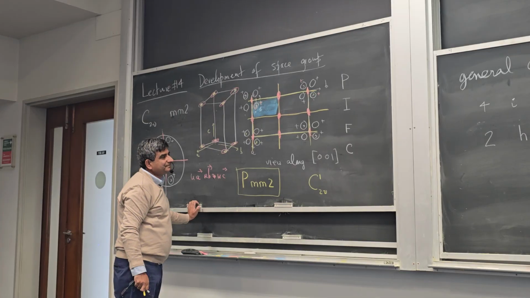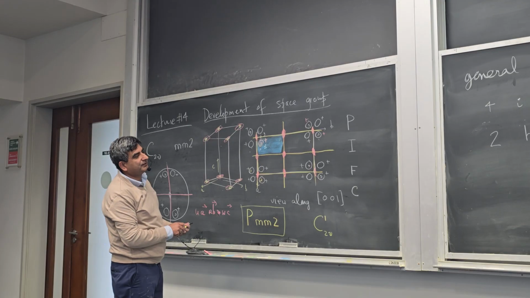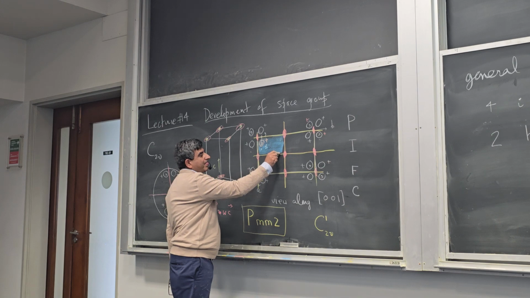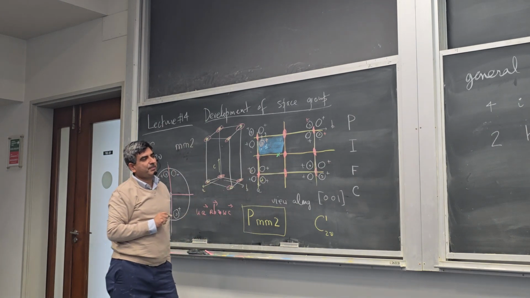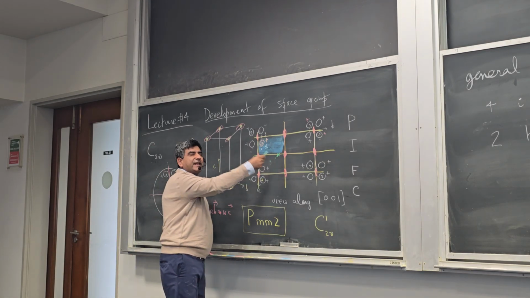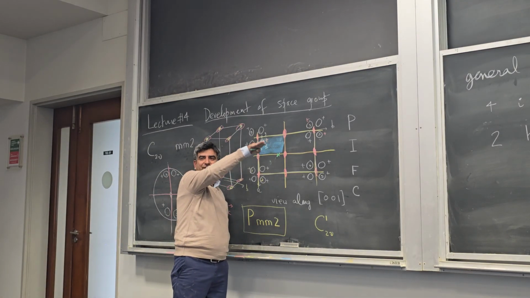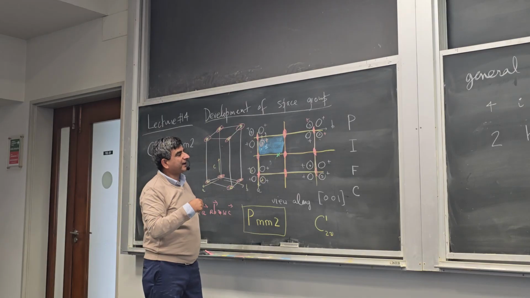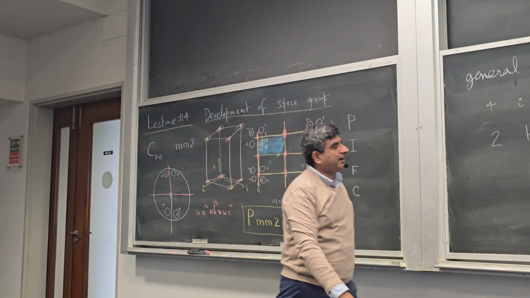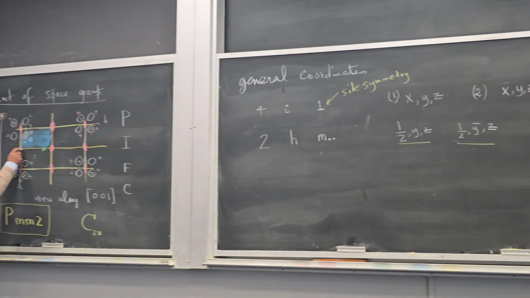Because if there is some atom over here, this is x equals half, y is anything, this is our y, and z is anywhere on this perpendicular plane, then associated with this point there has to be another point which is at half, y bar, z, which is really a point over here.